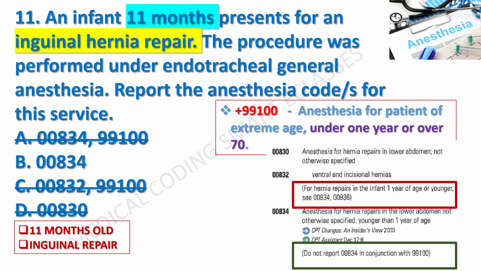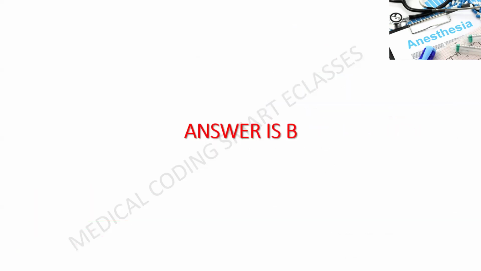So we have to remove options C and D. And why did we remove A? Because in 00834 it is written we should not report 00834 in conjunction with 99100. So whenever you have options with 99100, we have to check whether any parenthetical note is written on whether we should report it or not. So the answer is option B.